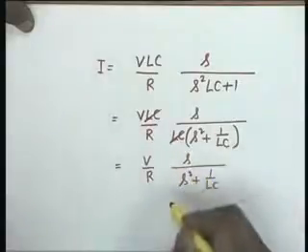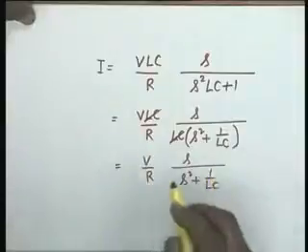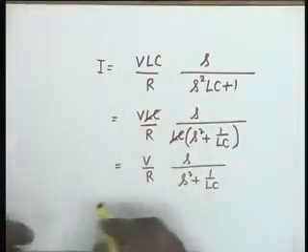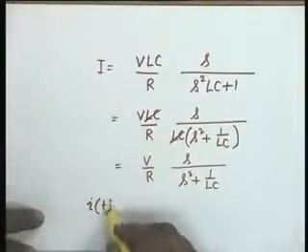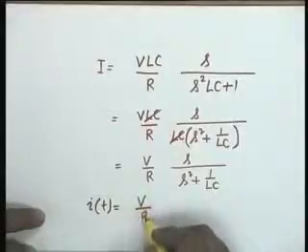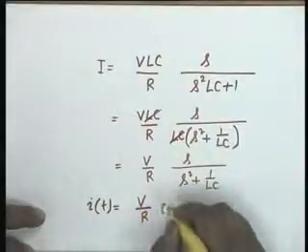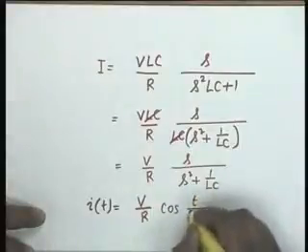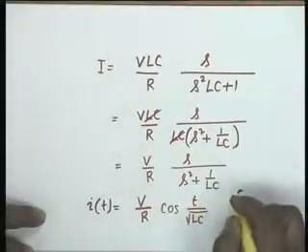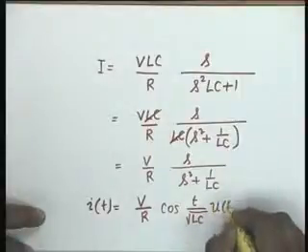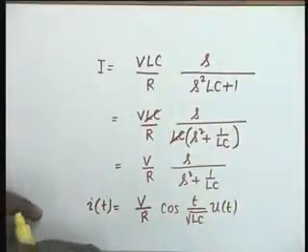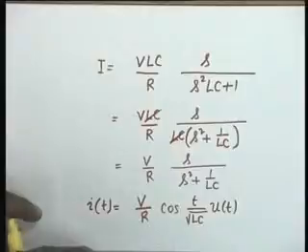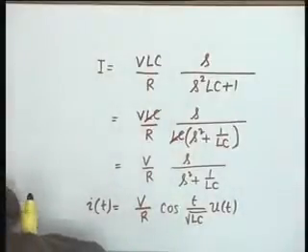LC, and any table of Laplace transforms will show you that under this condition I of t is equal to V by R cosine of the square root of this, so t divided by square root LC, multiplied by u(t), and so there is a cosinusoidal oscillation in this circuit.